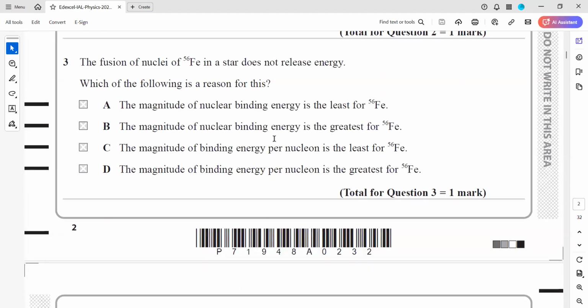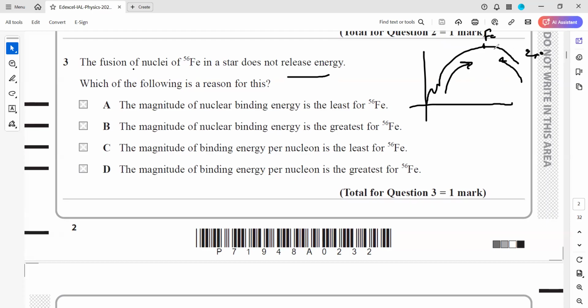Fusion of nuclei of iron in a star does not release energy. So when iron is there, look, if you remember the binding energy per nucleon graph, the peak is occupied by iron. Whenever the binding energy per nucleon increases, the reaction is exothermic.